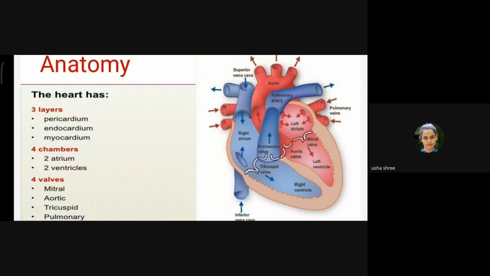Yes, ma'am. Ma'am, where you said tricuspid is on the right side and it has three cup-shaped things that stop the blood, right? Yes, it is. You have seen those doors in homes or windows that are divided into two, upper side and lower side.